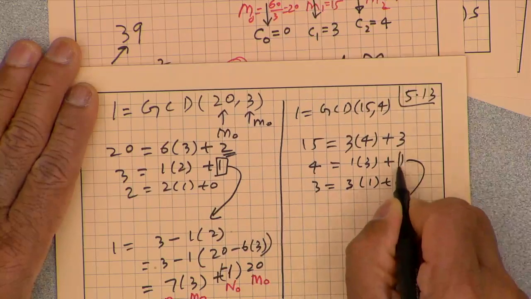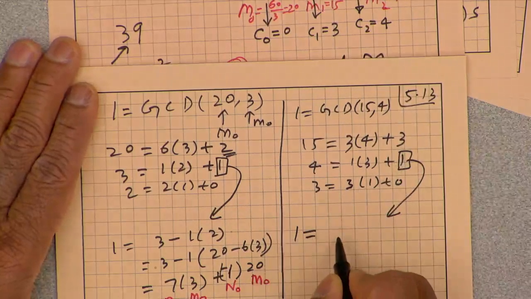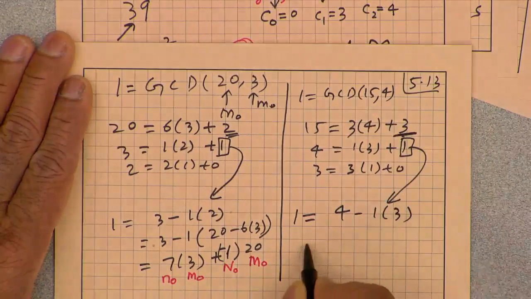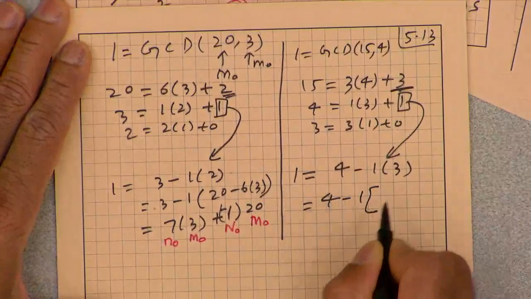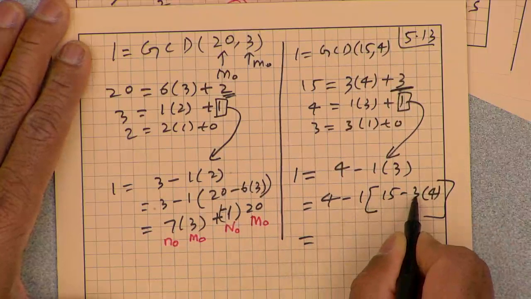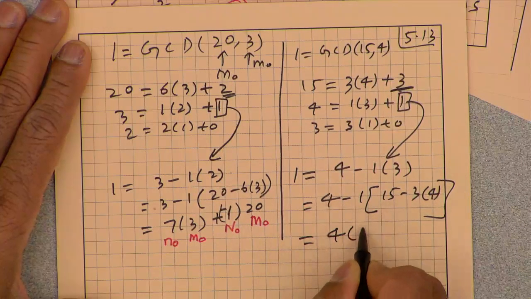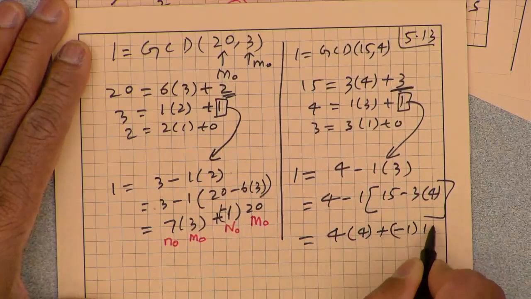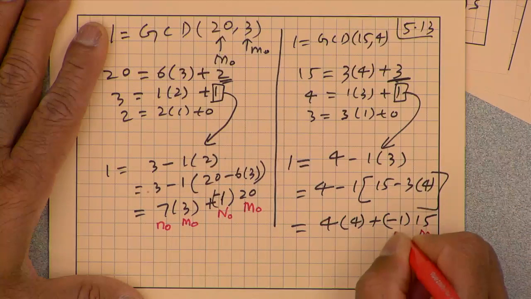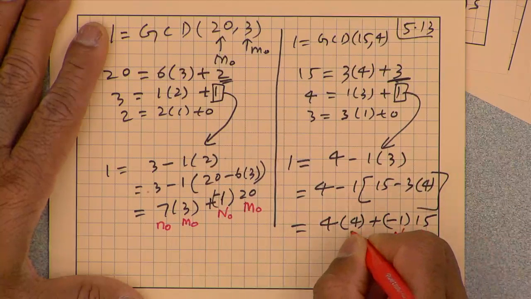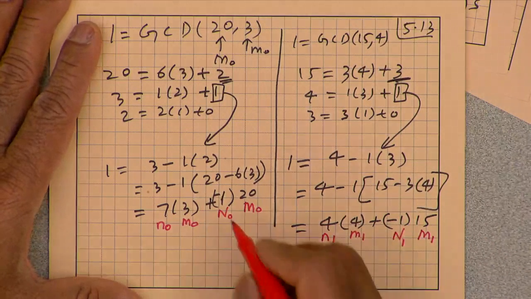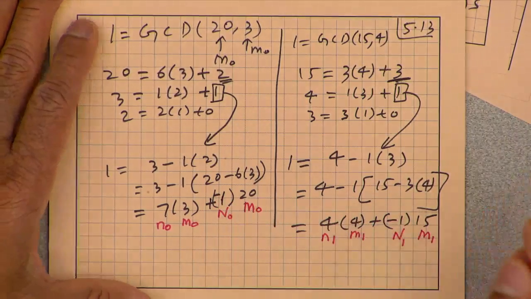So 1 is equal to 4 minus 1 times 3. Substitute this 3: 4 minus 1 times (15 minus 3 times 4), which is 4 times 4 plus minus 1 times 15. So now we found N0 and N1.